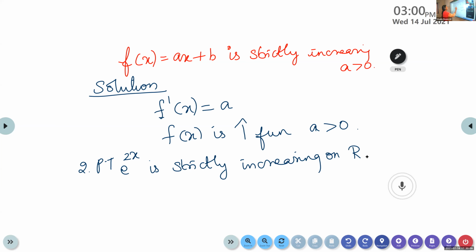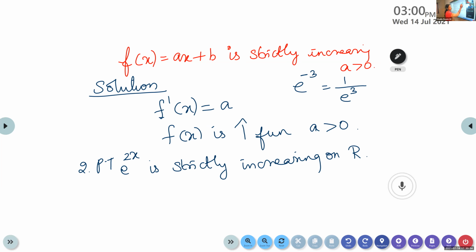So what do we know about e raised to x? The function e raised to x will never become 0, isn't it? It will never become negative. For example, suppose we give e raised to minus 3. We can write this as 1 by e raised to 3.